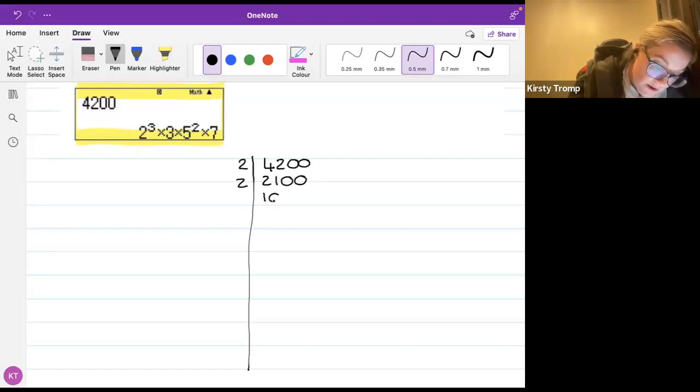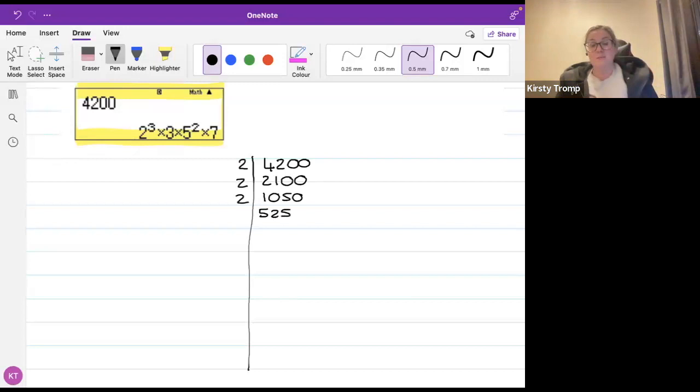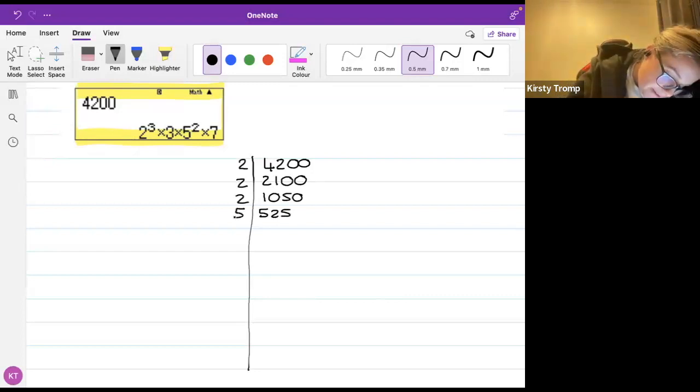It goes in 1,050 times. 2 can go into 1,050. It goes in 525 times. Okay, what's my next factor? What's the next common factor? Well, I see the number 5 going in there. So I'm going to put 5.